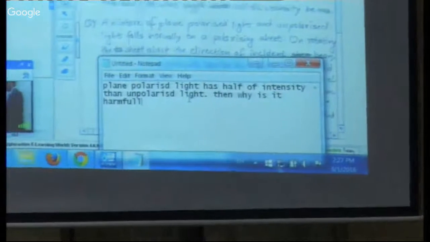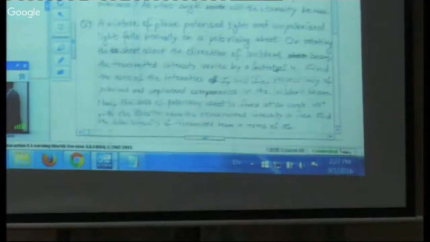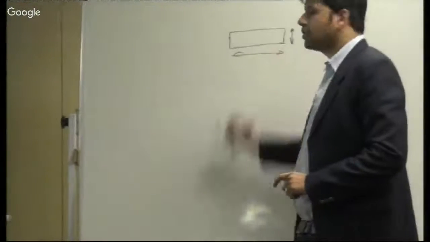See, what happens is in our eye, the retina cells have this kind of arrangement. Okay, the vertical dimension is less, but the horizontal is more.